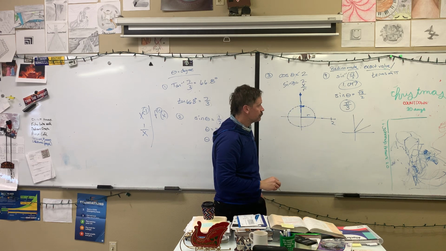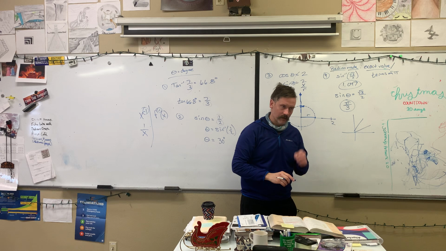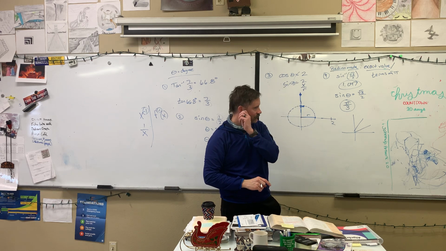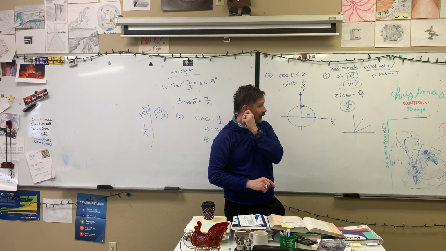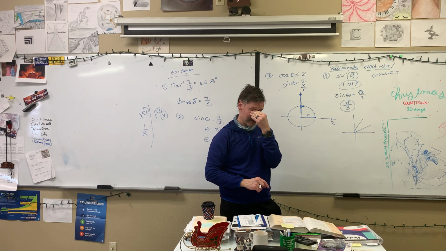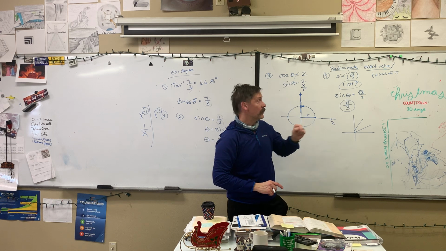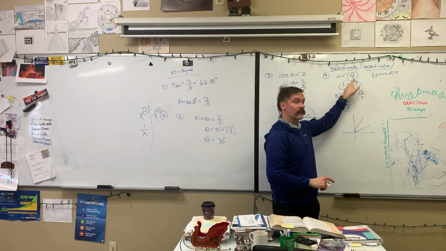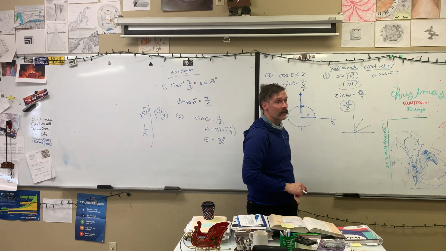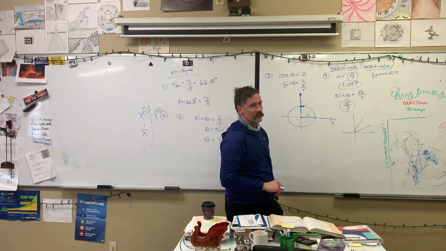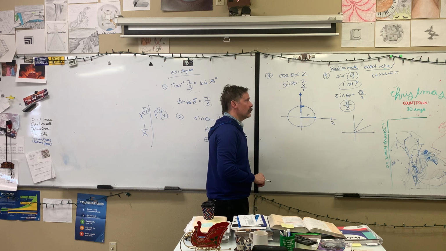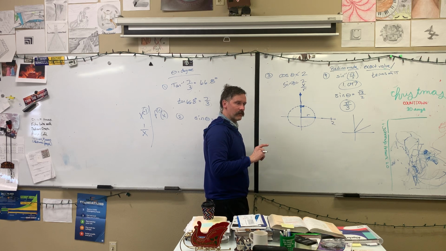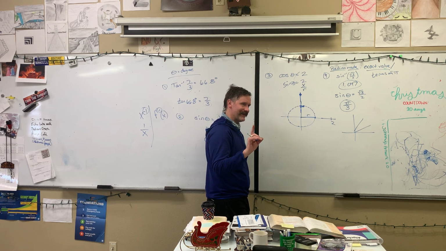How do you know 60 degrees? It came out as 1.0471. Right, we're asking for the angle measured in terms of pi. We know root 3 over 2 is a unit circle value, so when you see unit circle values, you should be able to put them in terms of pi.